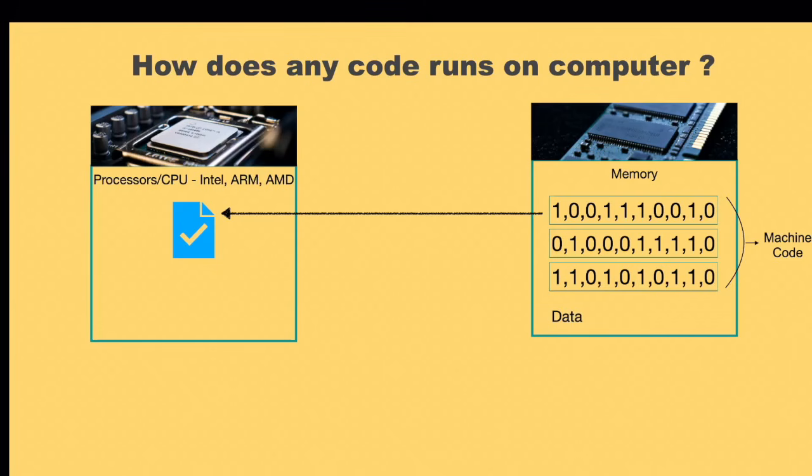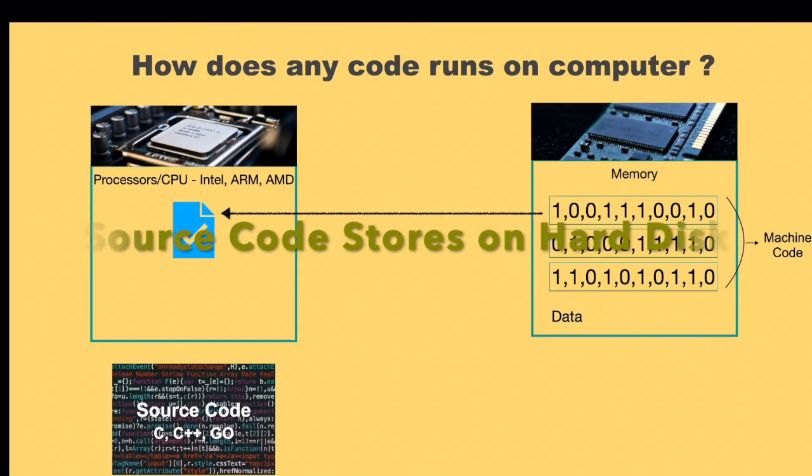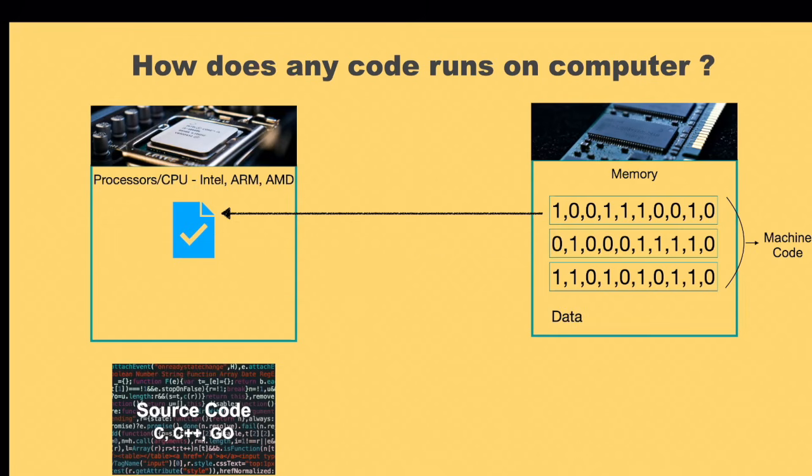When you are writing source code with any computer language like C, C++, Go or Rust, it is stored on the hard disk. We humans can understand the source code if we know the language, but the processor cannot. As you already know, the processor can only understand machine code.